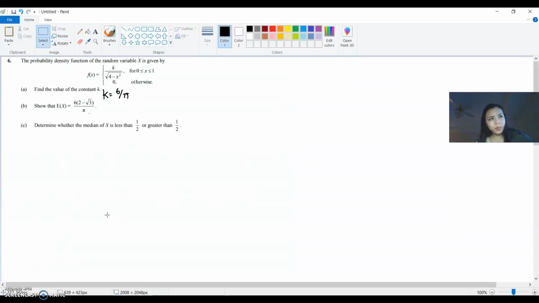Okay, now on to part B of number 6. Show that E of X, the expected value of x, which is just the mean, equals 6 times 2 minus root 3 over pi. So now let's figure out what E of X is. For a continuous random variable, that is the integral of x times f of x.